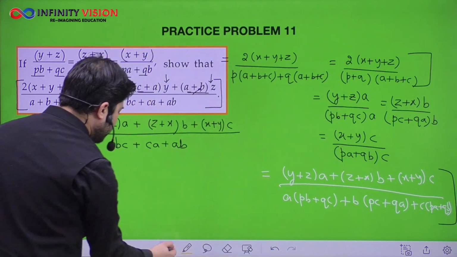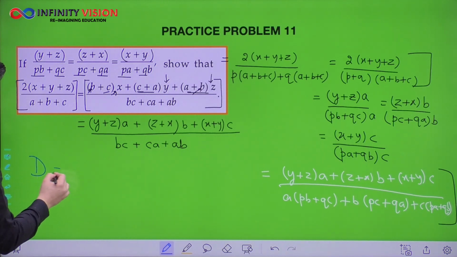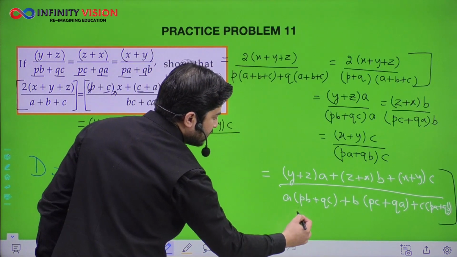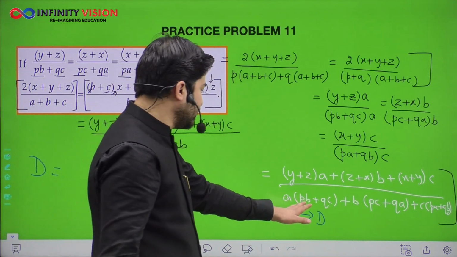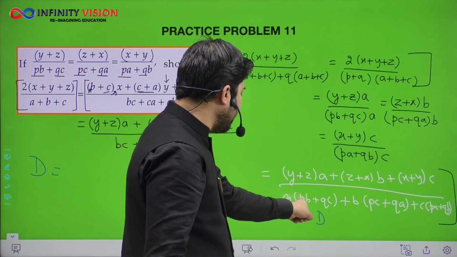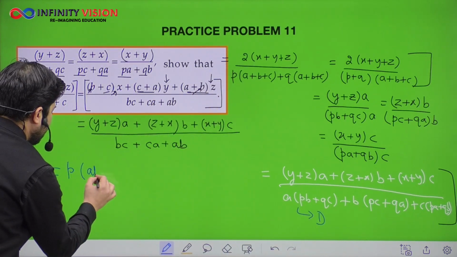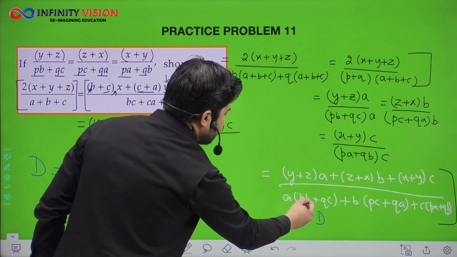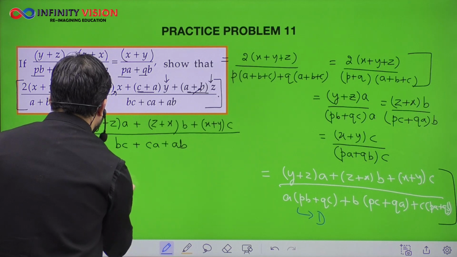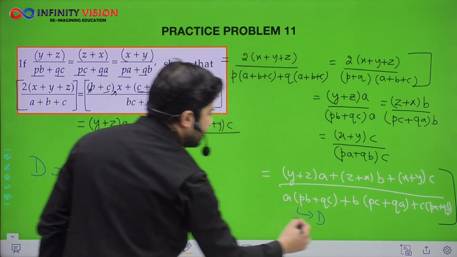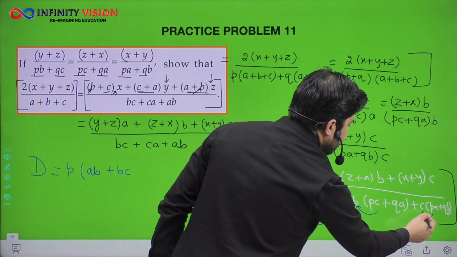So I am just going to work on my denominator, which I am denoting by D. If I try to factorize, if I open it up, I see p with ab, p with bc, and then p with ac.